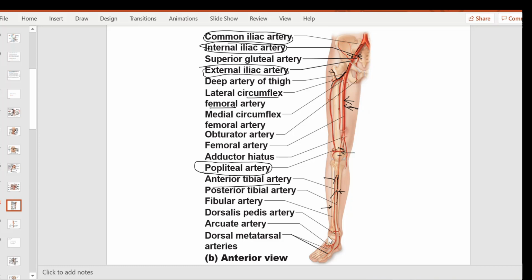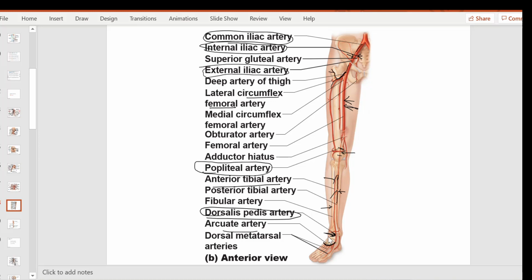And then what happens in the leg, the anterior tibial, when it goes to the front of the ankle, its name becomes the dorsalis pedis artery. Okay, so in the front of the ankle, dorsalis pedis, and it forms the arcuate artery, an arch like this here on the dorsal surface of the foot.